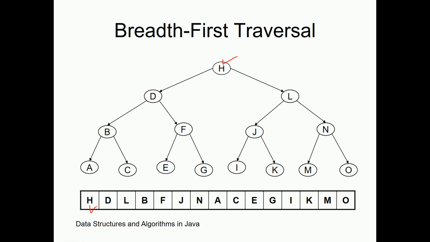Then I'm going until I reach the child. So that's why this goes here. I'm going to go to the smallest first until I reach the smallest child, and then I'm going to move out to the biggest child. And it's called breadth first because you're just going to do this.